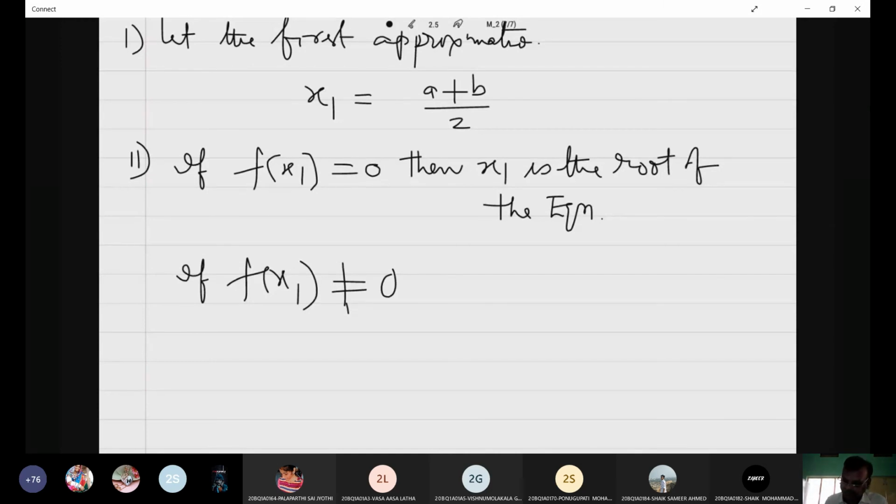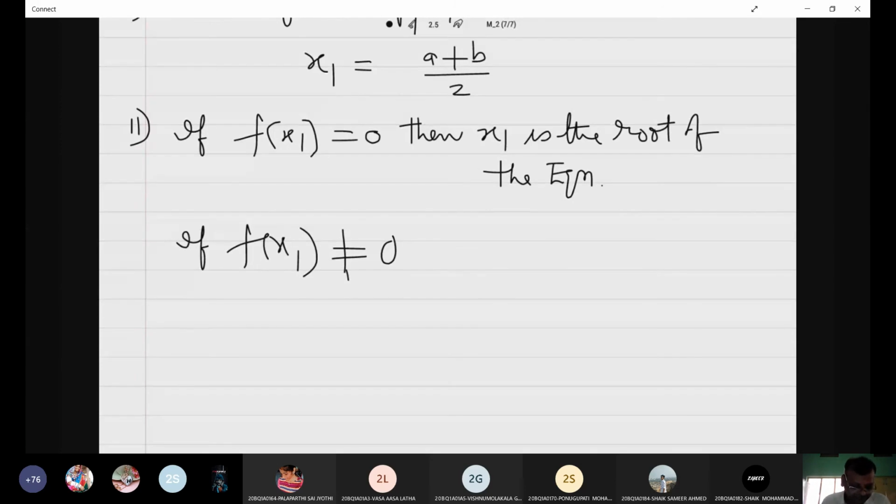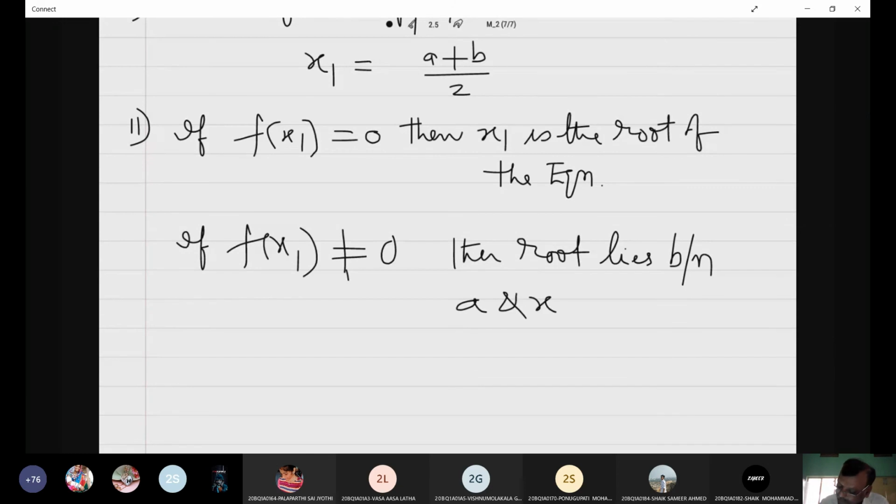Note that point. Then the root lies between a and x1 provided f of x1 is greater than 0.